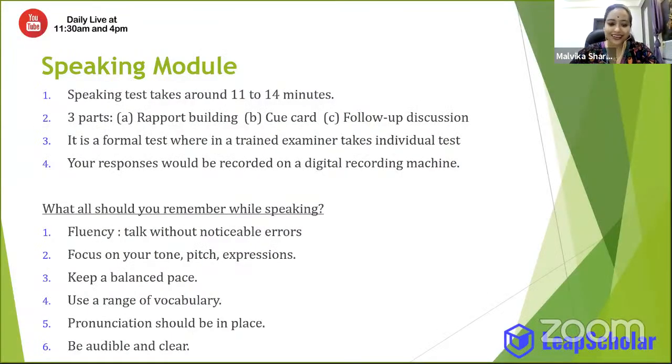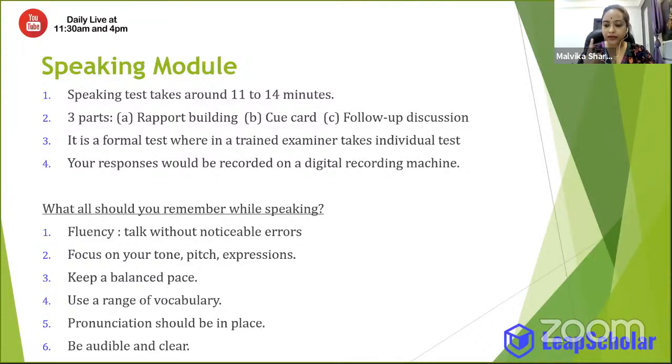Okay, without wasting any time, we are aware of the speaking module a bit, but let me just do a recap. So this speaking section that we have in IELTS lasts roughly 11 to 14 minutes. It has 3 parts.